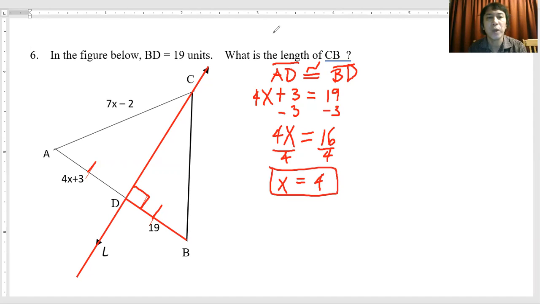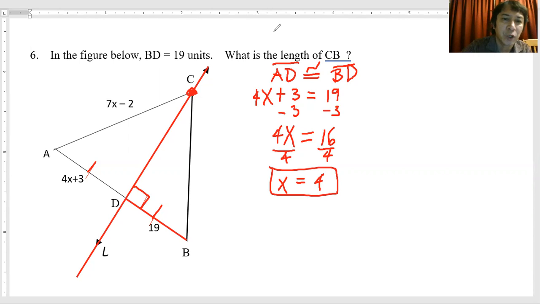Now we can make use of the theorem, because we have line L as perpendicular bisector of segment AB. If a point lies on the perpendicular bisector, and we can consider a point C here, of a segment AB, then that point is equidistant to the endpoints of the segment.